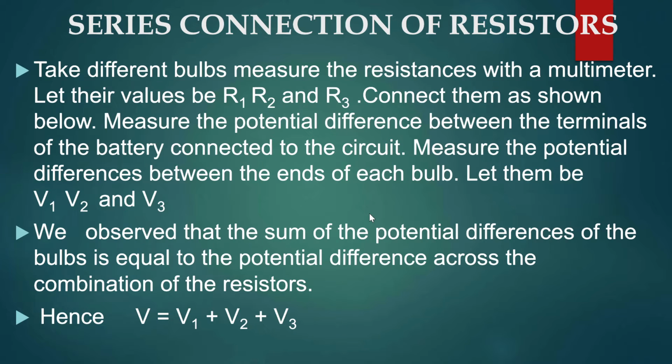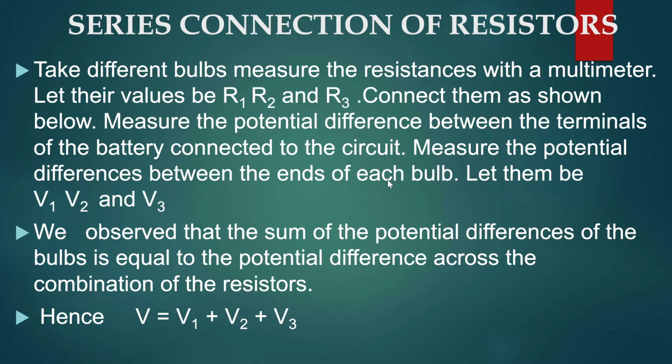So take different bulbs, measure the resistances with a multimeter, and let their values be R1, R2 and R3. Connect them as shown below. Measure the potential difference between the terminals of the battery connected to the circuit. Measure the potential differences between the ends of each bulb.